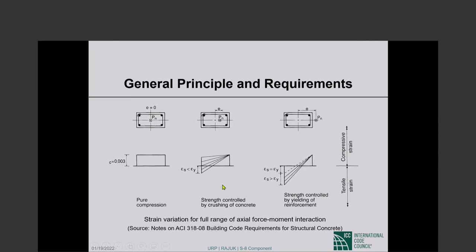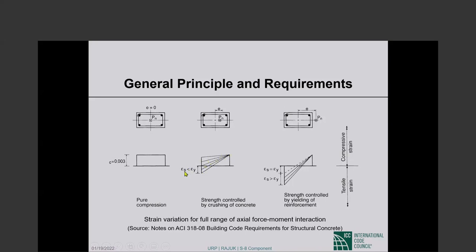When strength is controlled by crushing of concrete, that means the bending moment is large. The other way, strength controlled by crushing of concrete will be when the axial load is high compared to bending moment. And then your strain diagrams look like this.